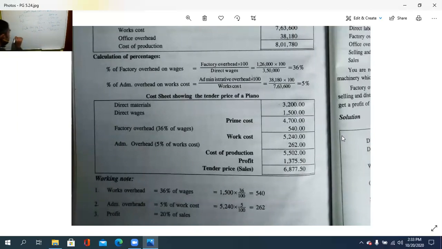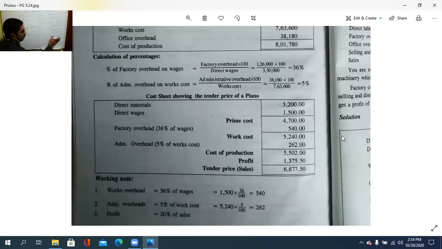Clear? Administration overhead, 5% on work cost. Work cost is 5240, at 5%, it is 262. So it is 5502.